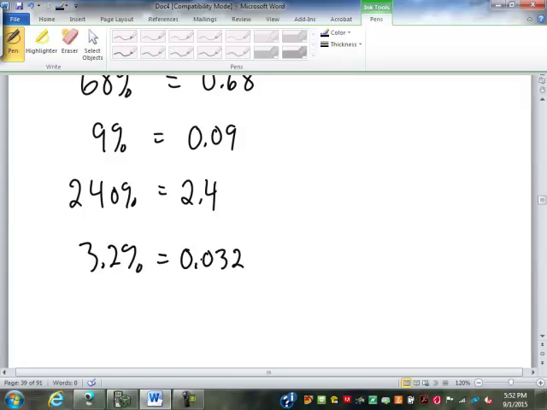Perfect, 0.032, good. The decimal point still just has to go 2 spots.